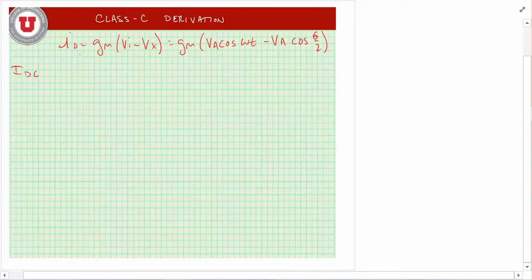We can find our DC current, which is equal to 1 over T times the integral of ID with respect to time, from minus theta over 2 omega to theta over 2 omega.